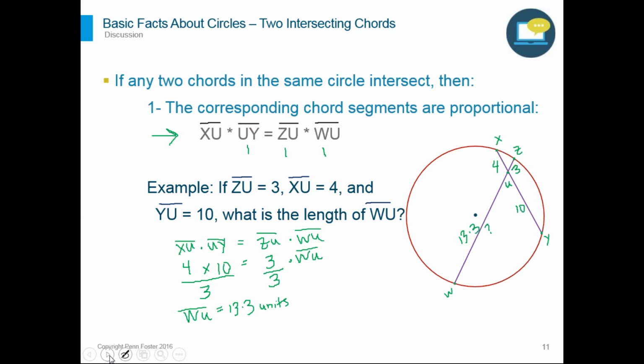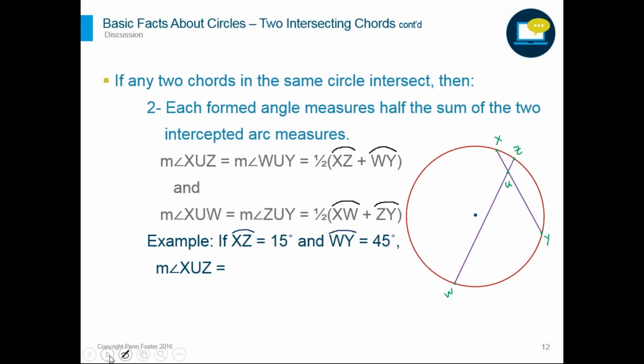Another thing that results from two chords intersecting in the same circle is that each formed angle measures half the sum of the two intercepted arc measures. That's too long. Let's look at this on the figure. So each formed angle, we speak about these angles here. So this angle and this angle, that's a pair.